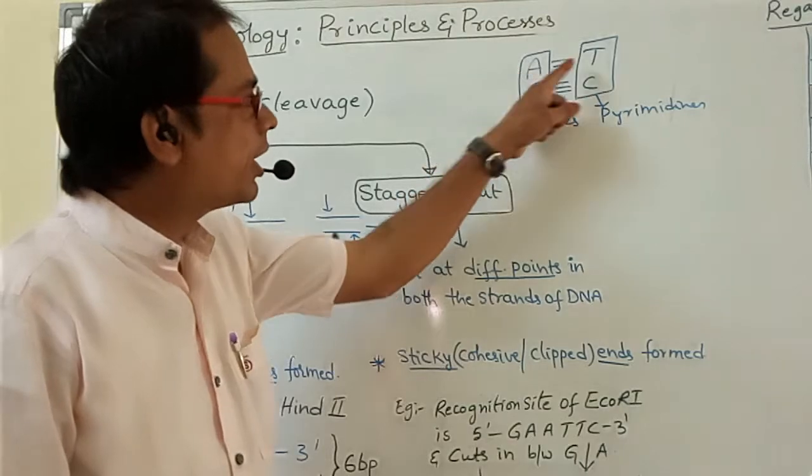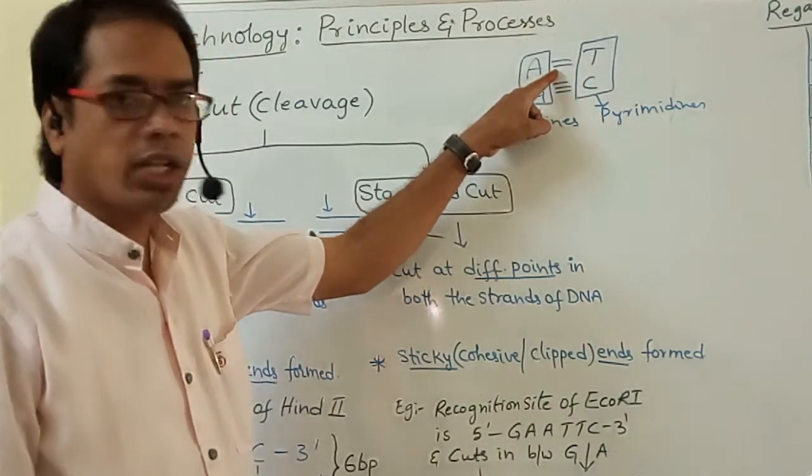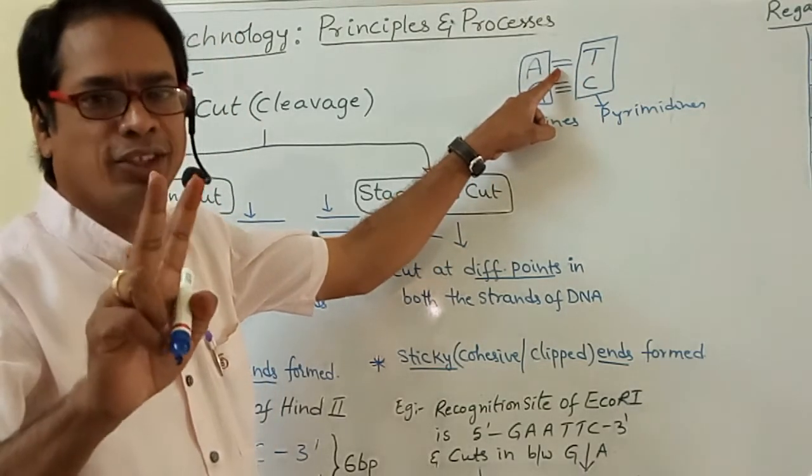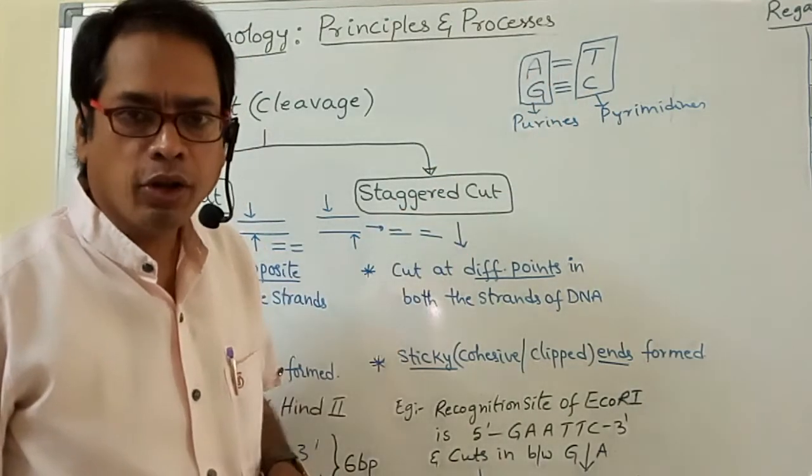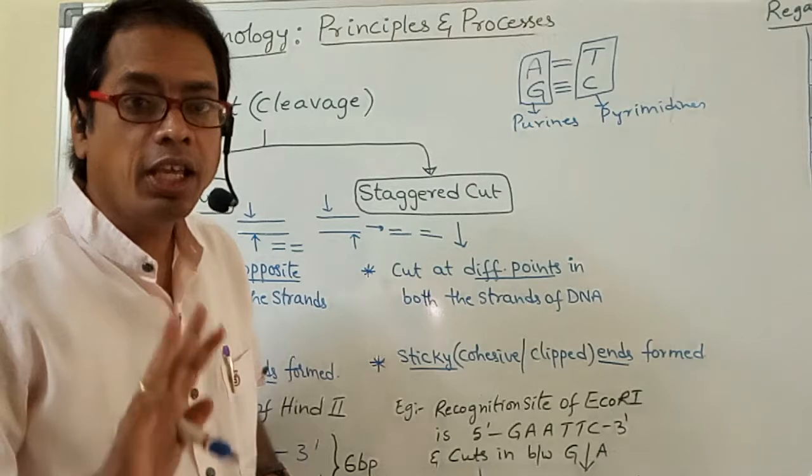Between A and T, how many hydrogen bonds are present? 2 hydrogen bonds. Between G and C, how many hydrogen bonds are present? 3 hydrogen bonds.